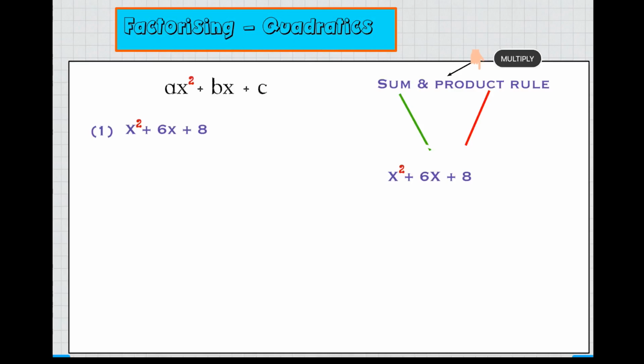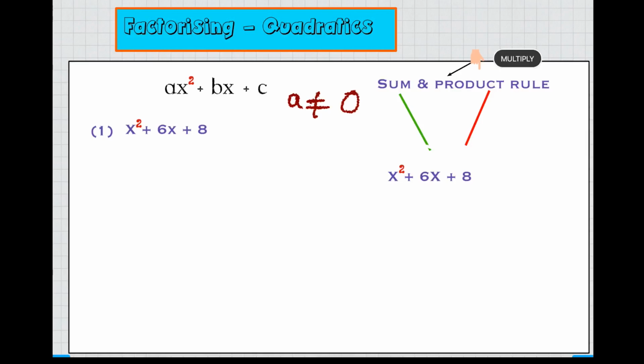We can see in this first question, the first term is the square term x squared, the second one is bx, 6x, and the third one is 8, which is a constant. Here a, b and c are constants, and a cannot be equal to 0.